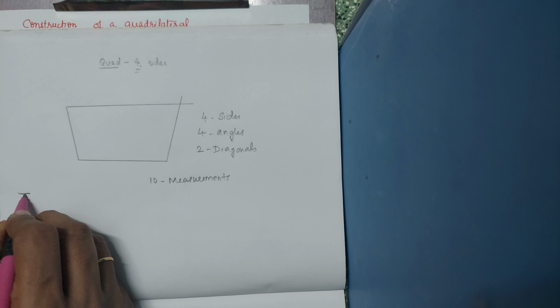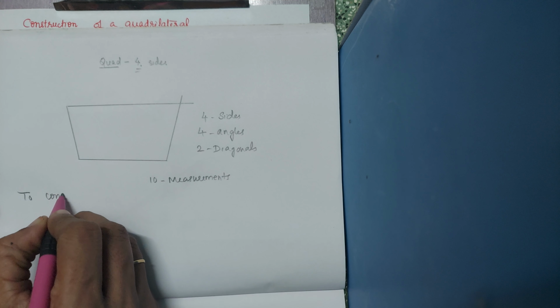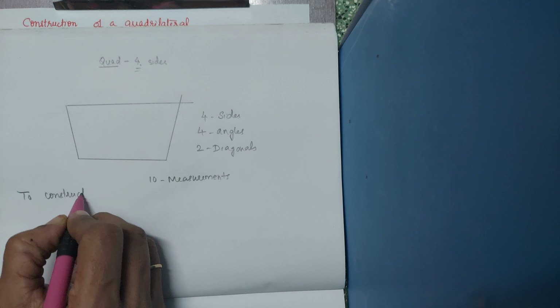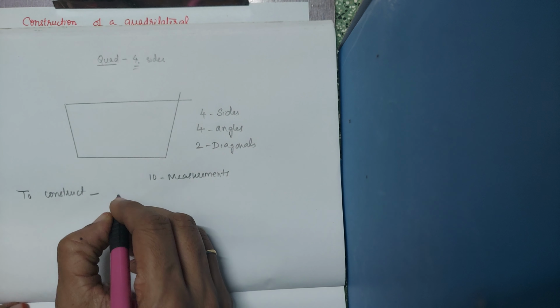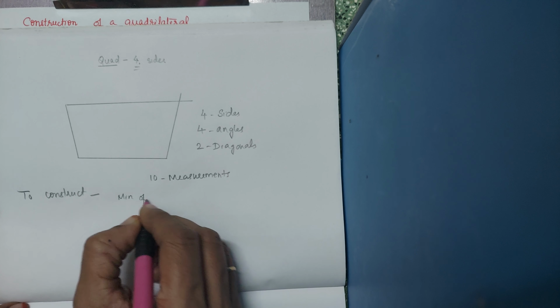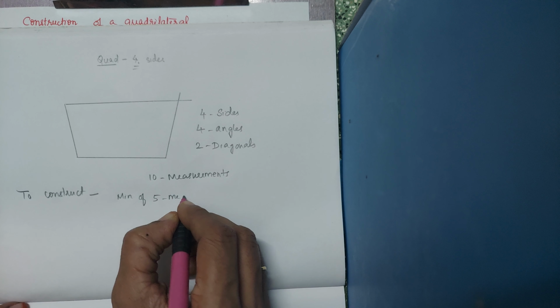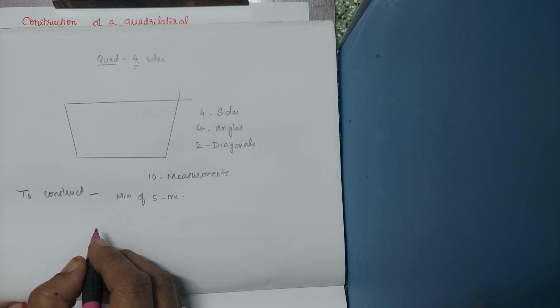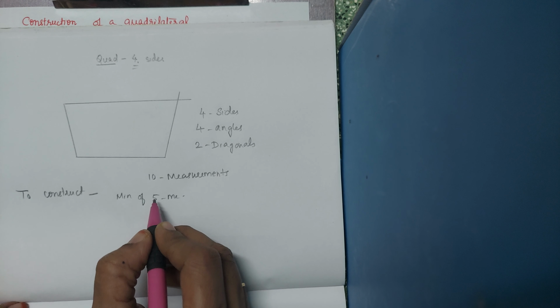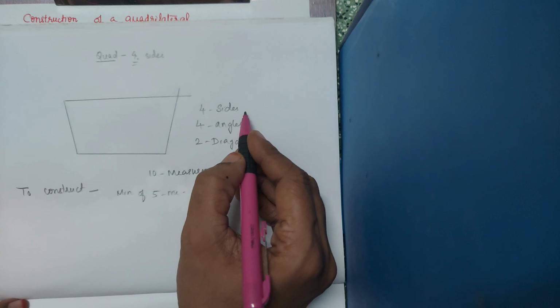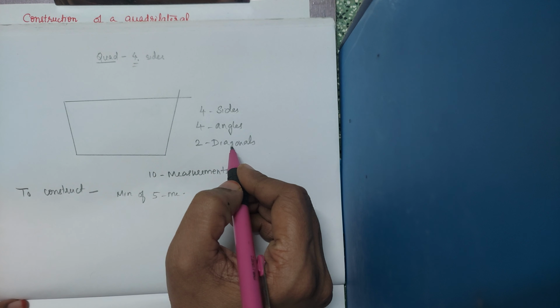To construct any quadrilateral, we need a minimum of 5 measurements. That is, we need any 5 measurements, sides, angles and diagonals included.